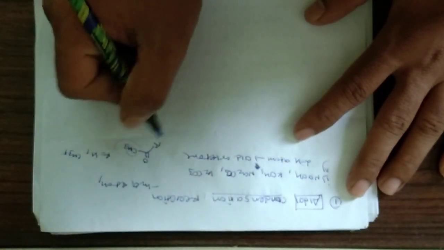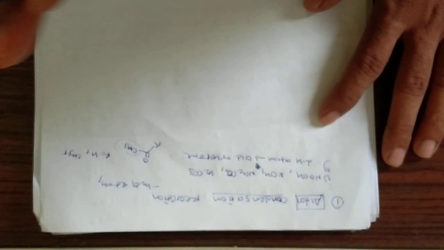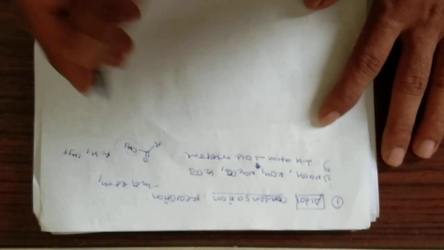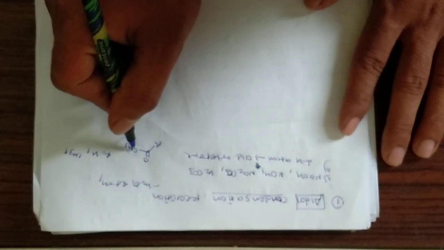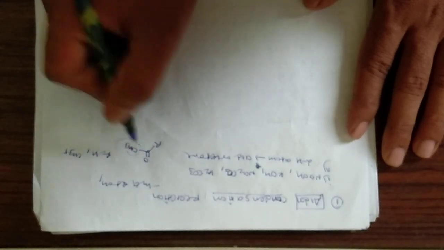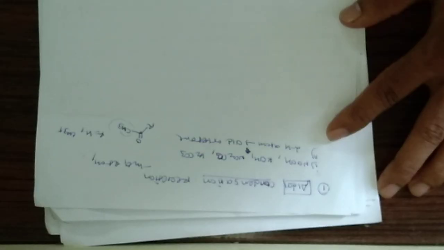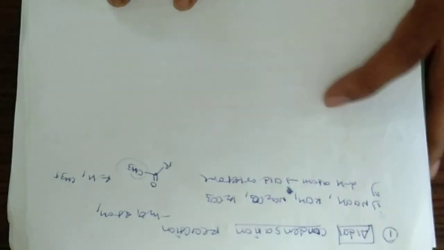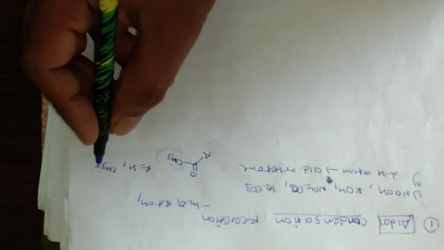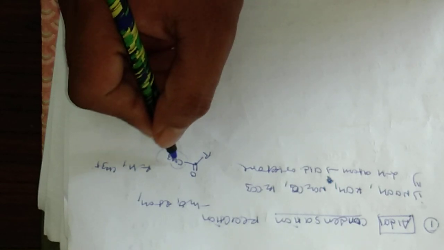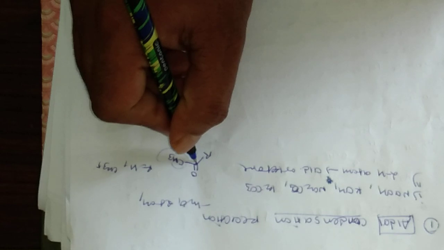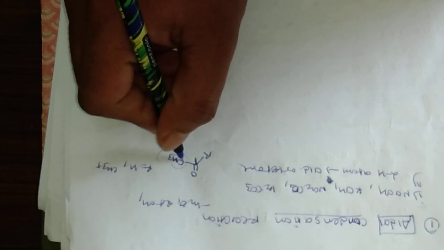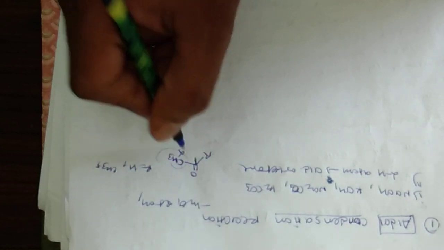But our focus is on the carbon adjacent to the carbonyl carbon. So this is the carbonyl carbon, and the carbon adjacent to the carbonyl carbon is the alpha carbon.